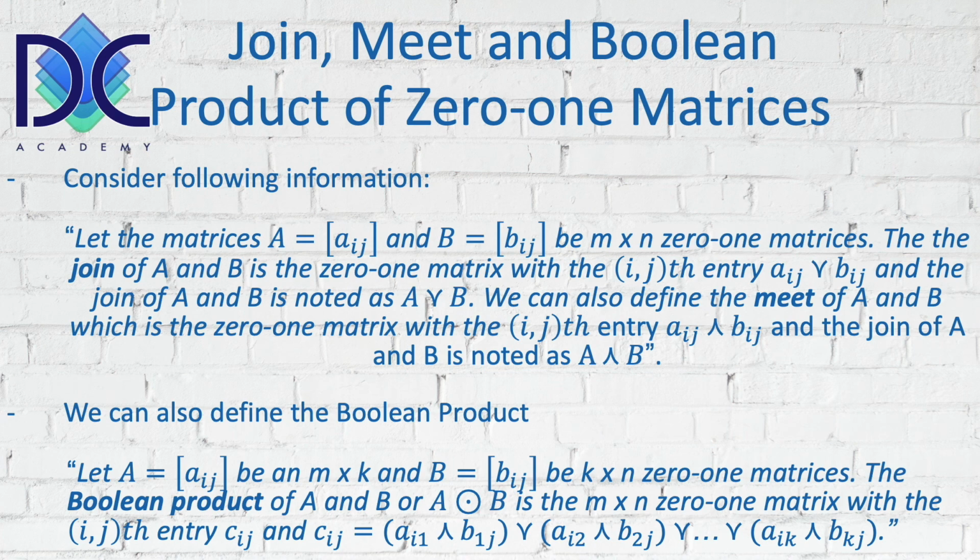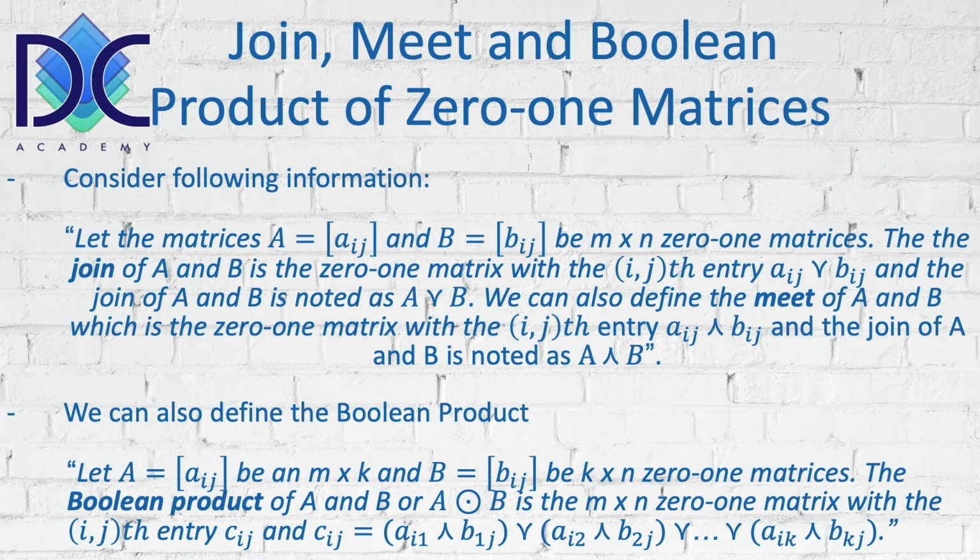Cij is like the multiplication that we did before, but now we use the AND and the OR operators. So Cij is (Ai1 AND B1j) OR (Ai2 AND B2j) OR, at the end, (AiK AND BKj).